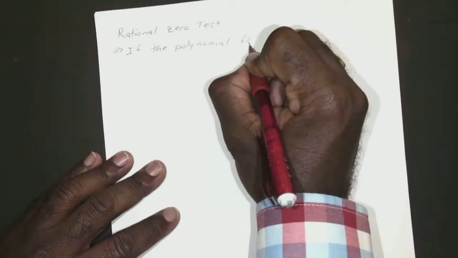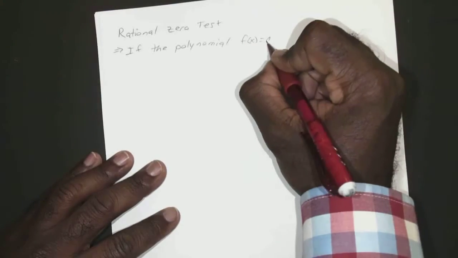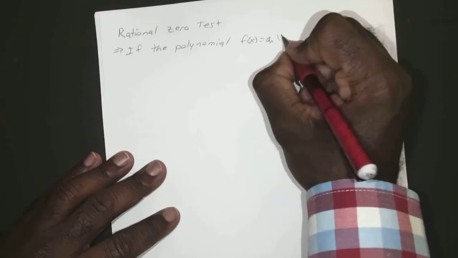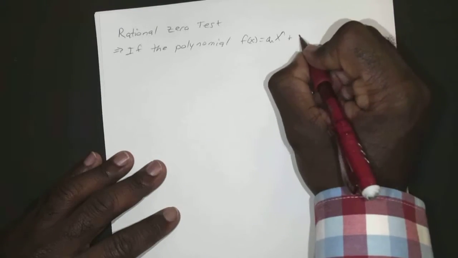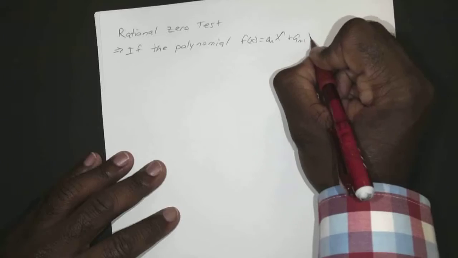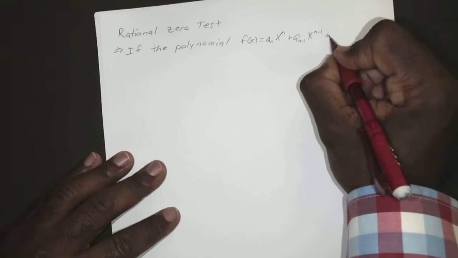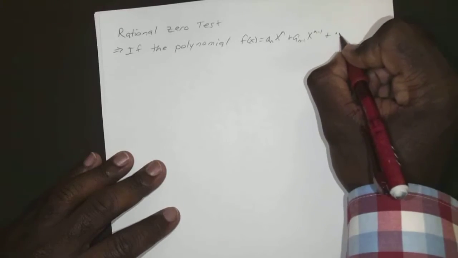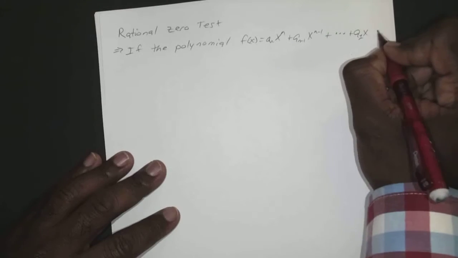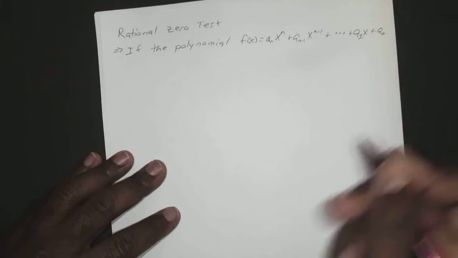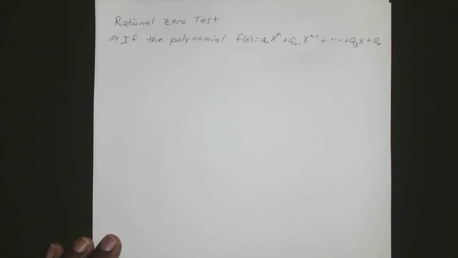Let's say f of x is equal to some lead coefficient times your leading exponent, plus the next coefficient and the next exponent down, and it keeps going all the way till you get to the coefficient of x and then your constant right at the end.